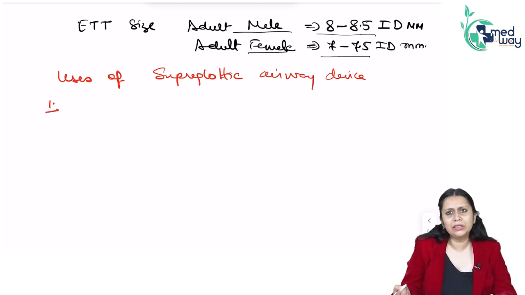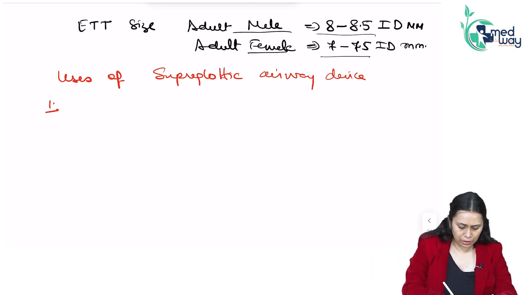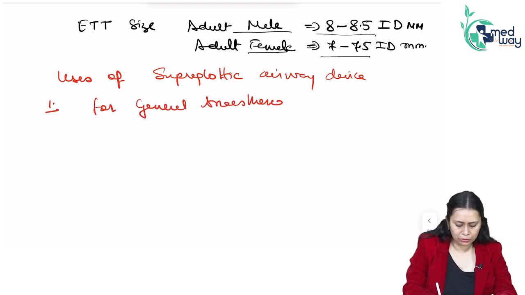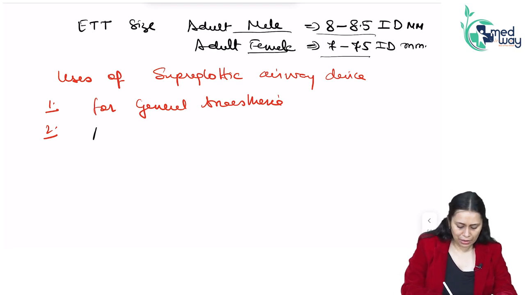First, we can use it as an alternative airway device to ET tube during general anesthesia, especially the second generation. This is one use, but the main use for which it was designed by Dr. Brain is as a rescue device during difficult airway situation.